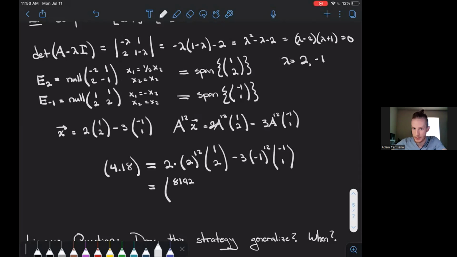Then we have to do one more power, so I think this is 16,384.